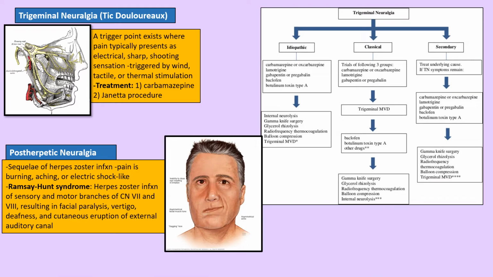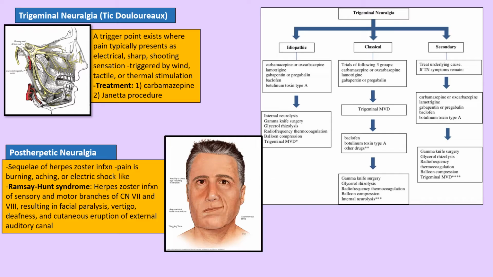Trigeminal neuralgia or tic douloureux, as we know, is a very important condition. We can see more details of it and how we treat the 3 types of trigeminal neuralgia, idiopathic, classical and secondary, through this flow chart. Trigeminal neuralgia has a trigger point, and the pain typically presents as electrical, sharp, shooting pain triggered by light tactile or thermal stimulation. The pain is very episodic, lasting seconds to minutes and followed by a refractory period.